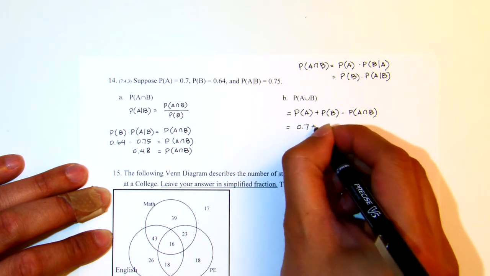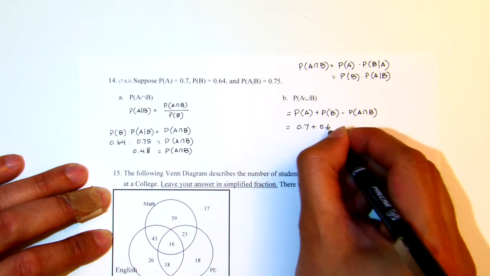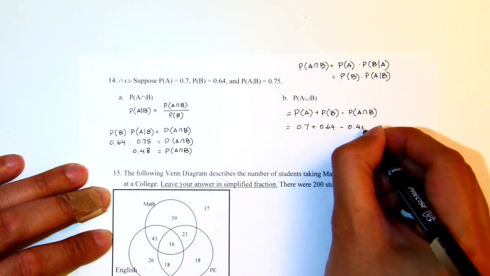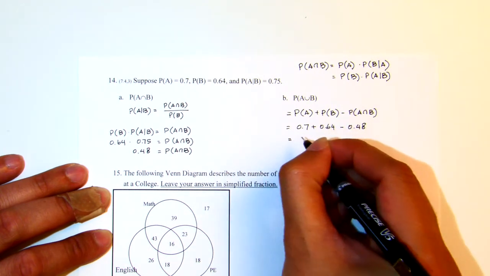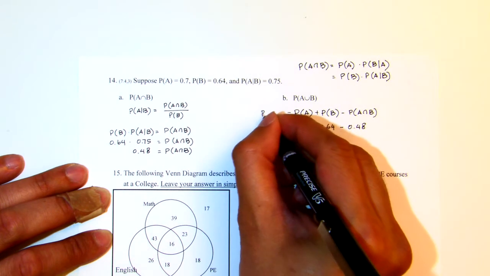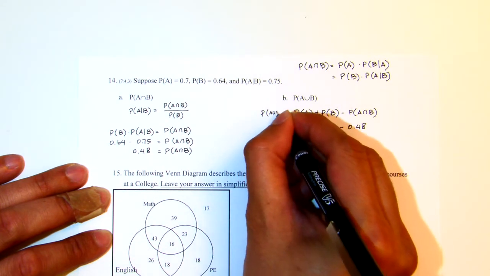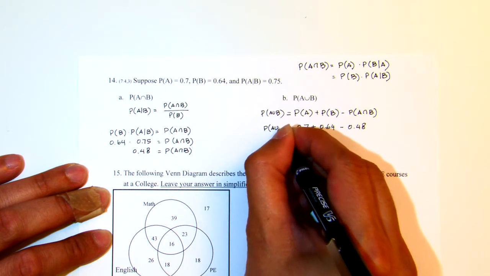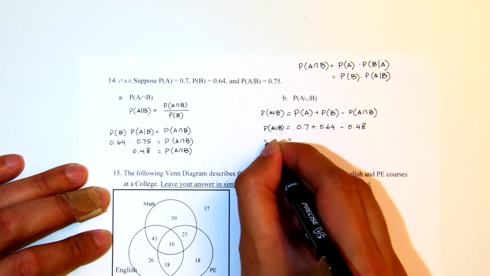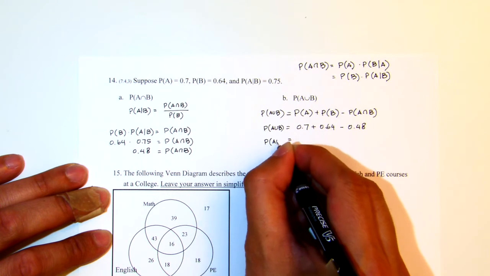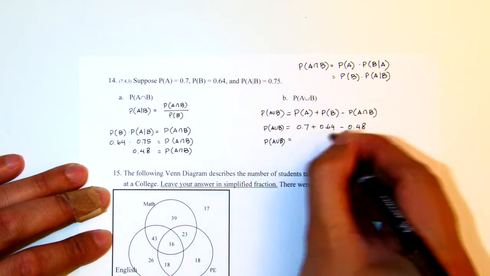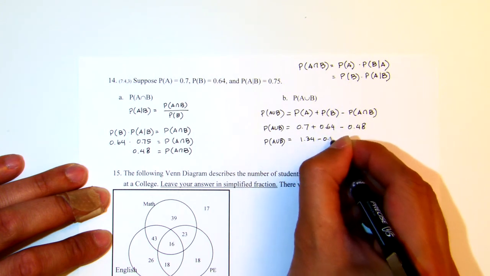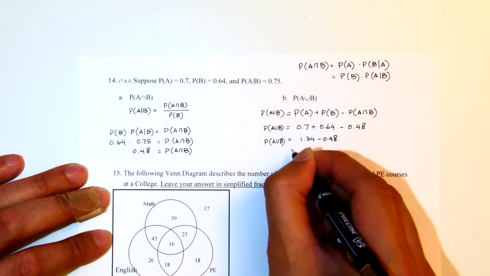This is 0.7 plus 0.64 minus 0.48, which if I compute further, let me write this down, probability of A union B equals 1.34 minus 0.48.